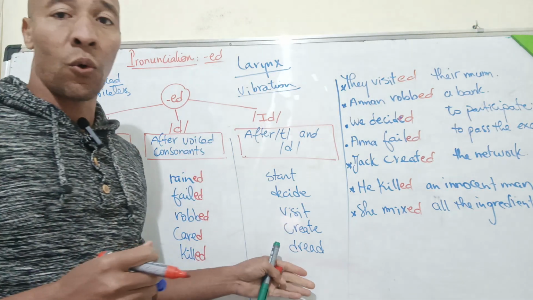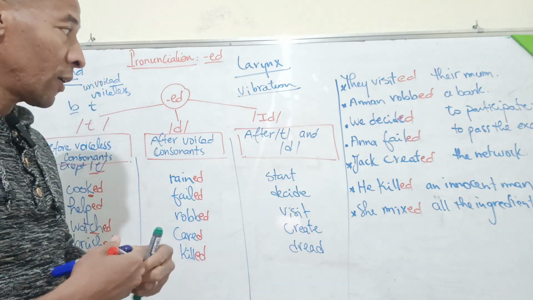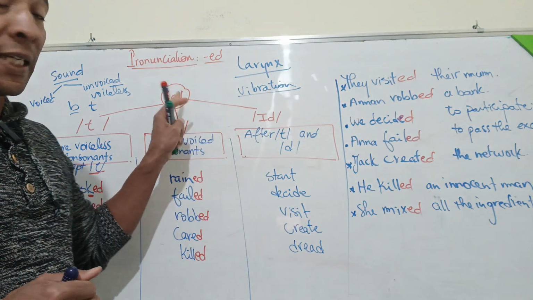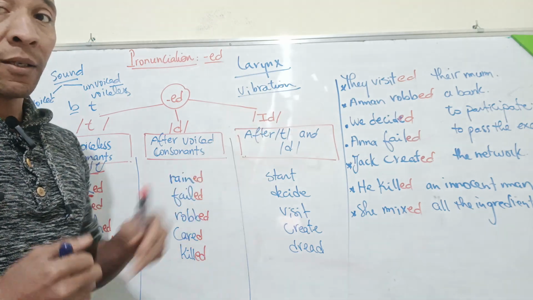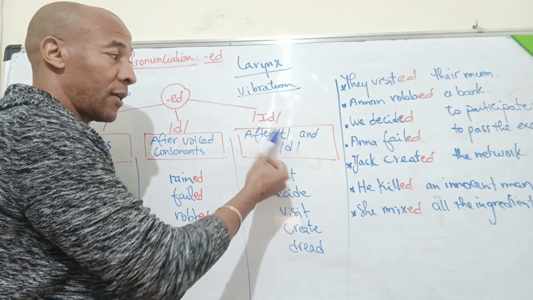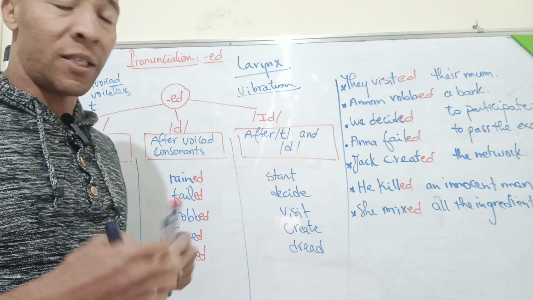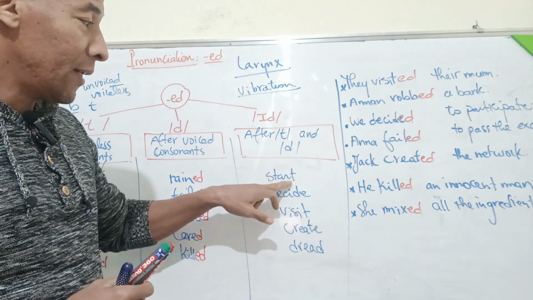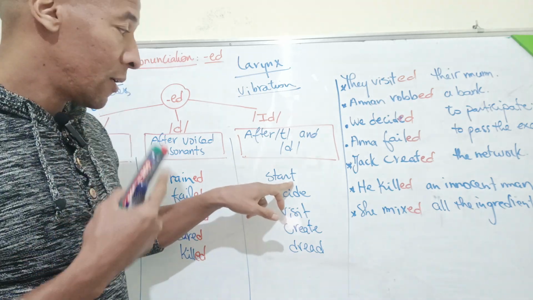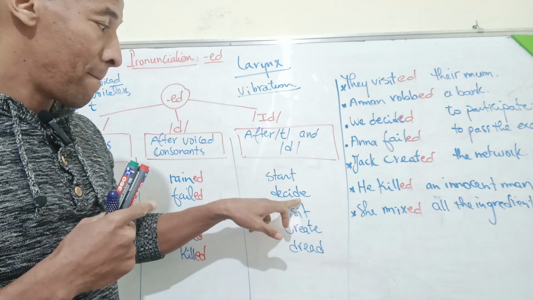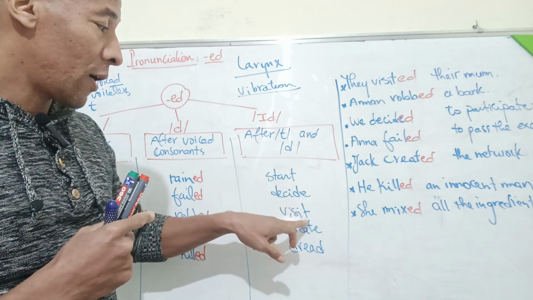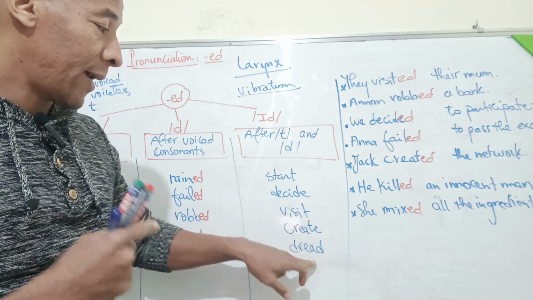The last variation: we pronounce -ed as id after either t or d. It means the last syllable is pronounced id, as in start, decide, visit, create, and read.